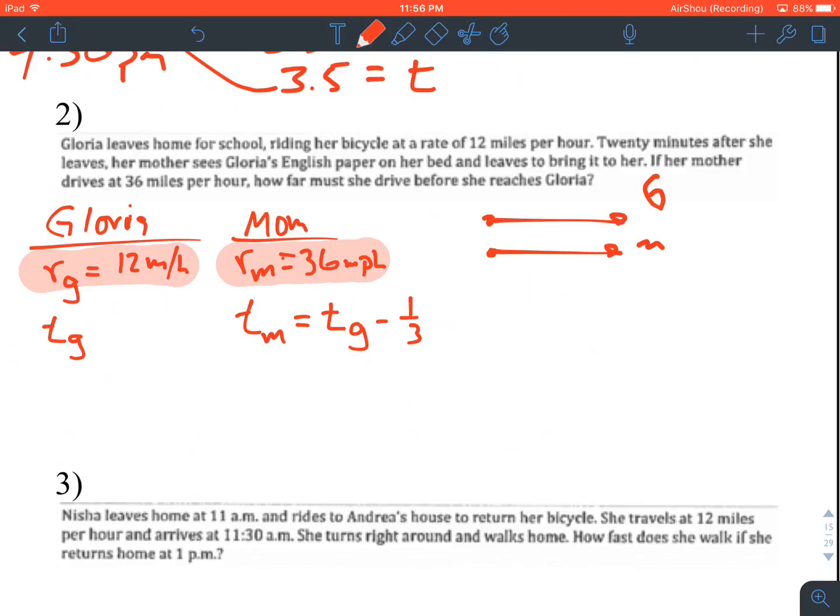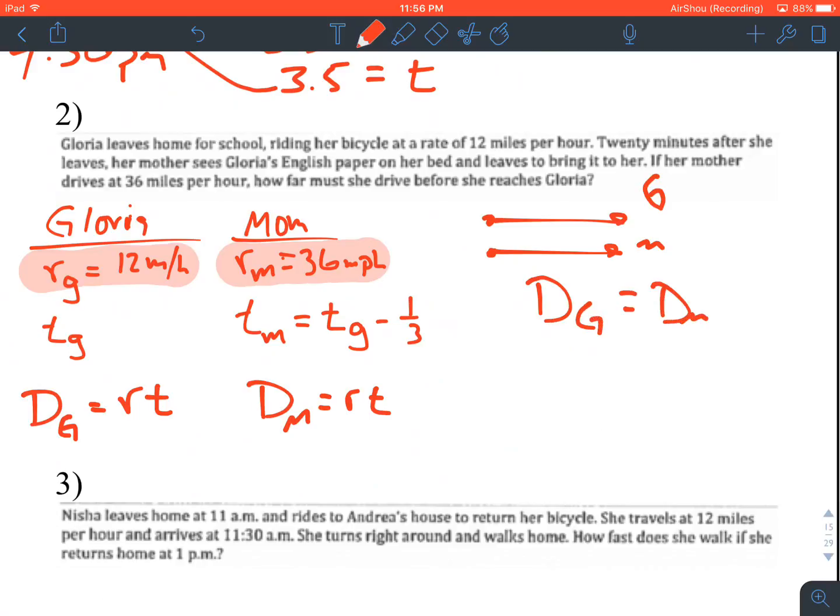So the distance of Gloria is rate times time. The distance of mom is rate times time. We can set them equal to each other. Same direction, set them equal to each other. The distance of Gloria, her rate was 12. Her time, let's just leave it as a t.